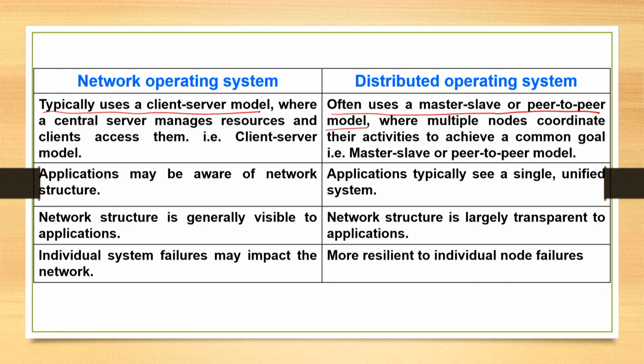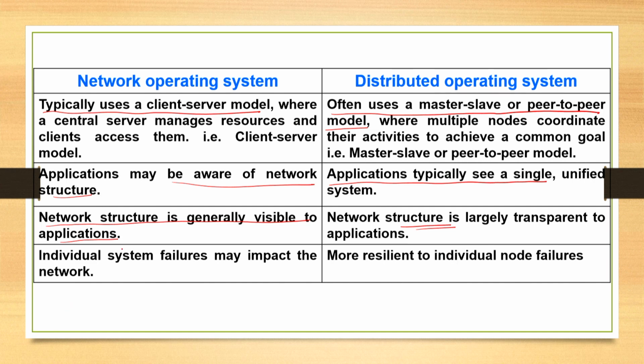Applications of a network system may be aware of the network structure, but in a distributed system, applications typically see a single system. The network structure is visible to applications in a network operating system, but it is not in the case of a distributed operating system.